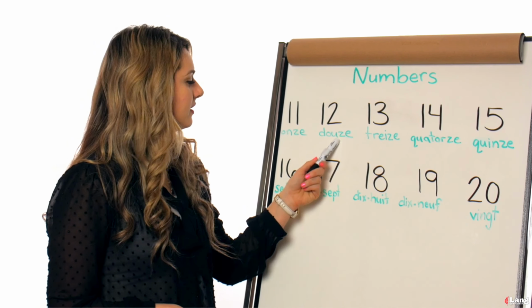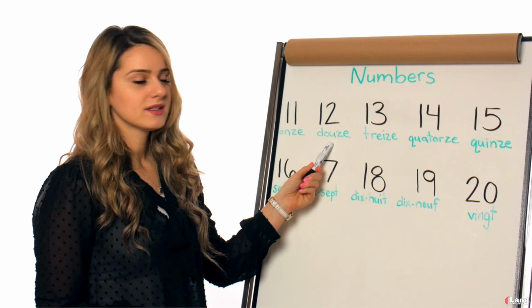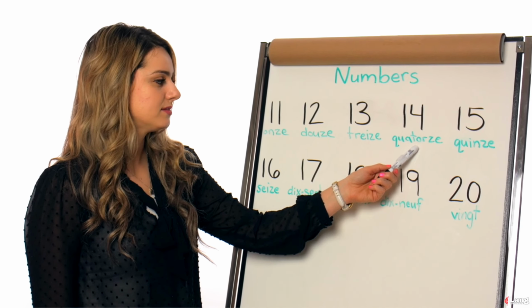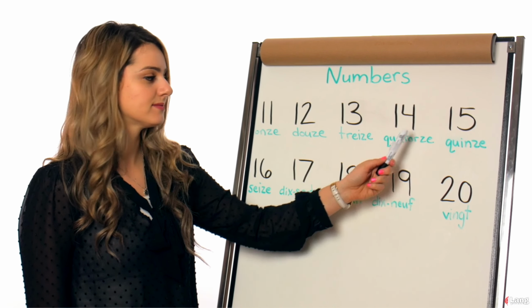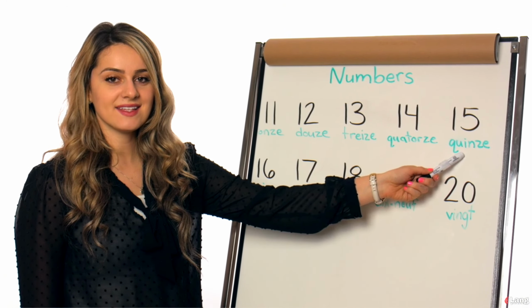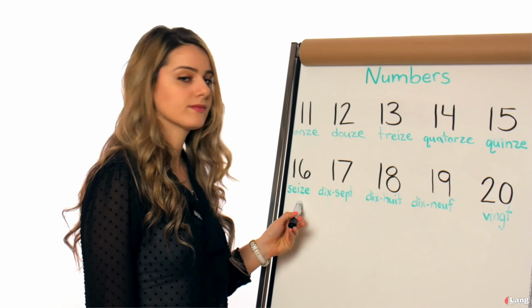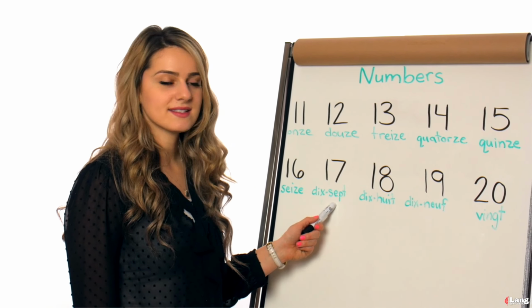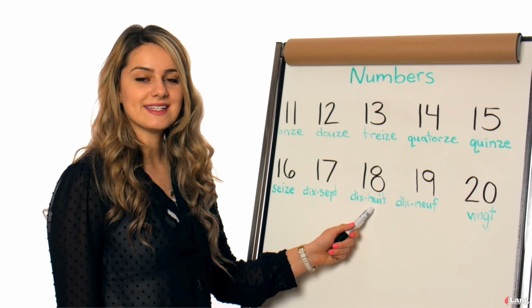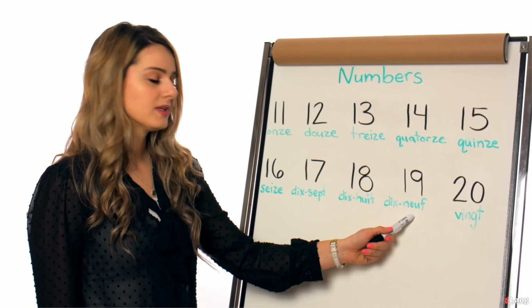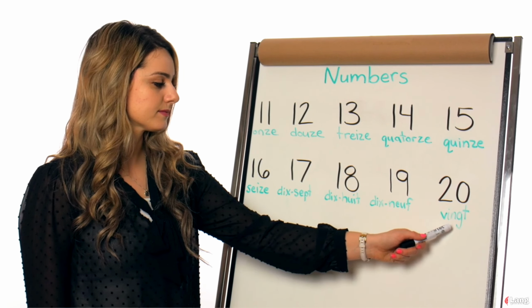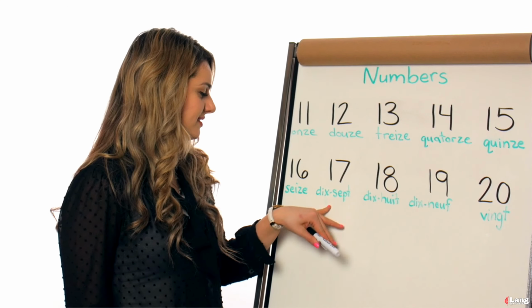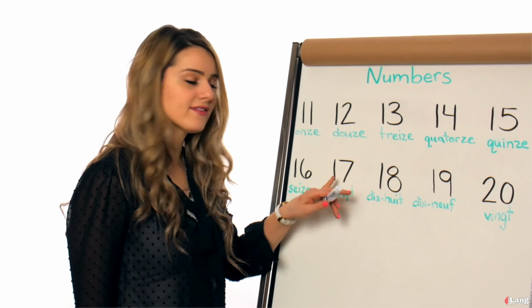11, 12, 13, 14, 15, 16, 17, 18, 19, 20. As you can see right here, in 17, there's a 7, okay?